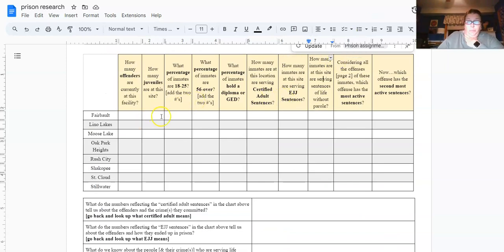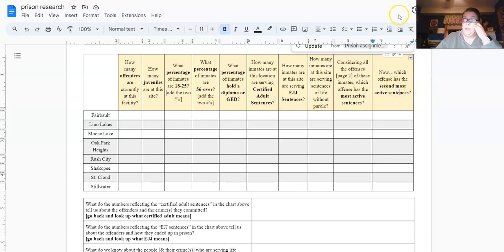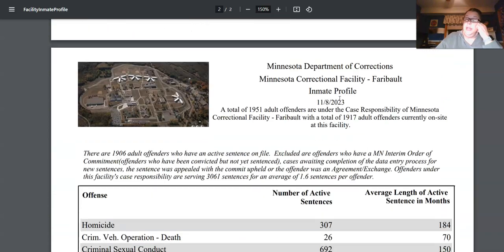Now, if you haven't paid attention, here would be a good place to look up. The next 2 columns are talking about the most active sentence. Considering all the offenses of these inmates, which offense has the most active sentence? And then the next column says second most. Going back to my form, I'm going to go to the second page.